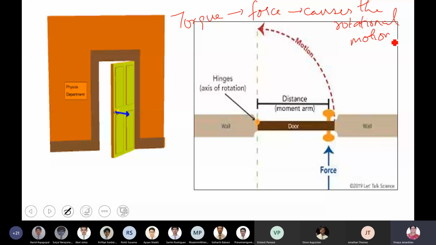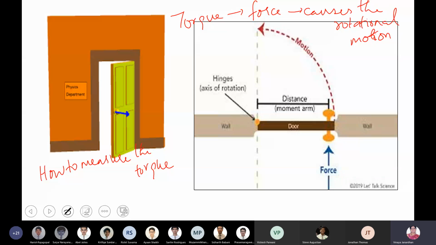Now the question is how to measure the torque. The simplest example of explaining torque is the opening and closing of your door, right, boys?